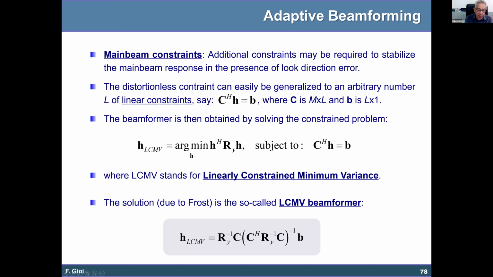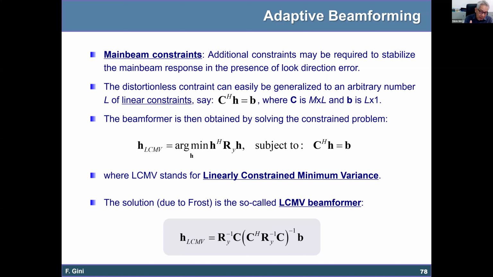So instead of having a vector, h Hermitian, equal to 1, we have a number L of constraints. So if you call, for example, c_i the ith column of matrix C, the ith constraint is c_i Hermitian h equal to, it depends which kind of constraint you want to impose. If you want to impose a distortionless constraint, this should be equal to 1. If you want to put a null, this should be equal to 0.